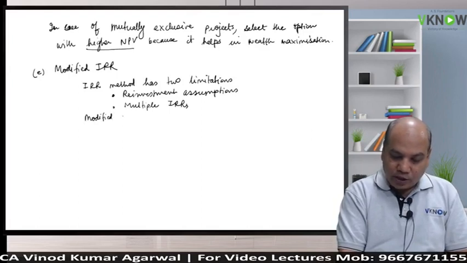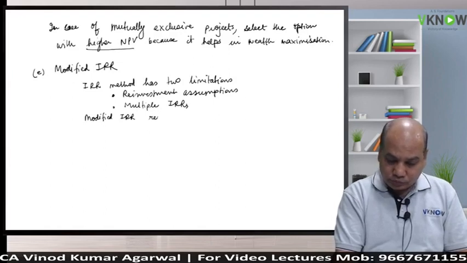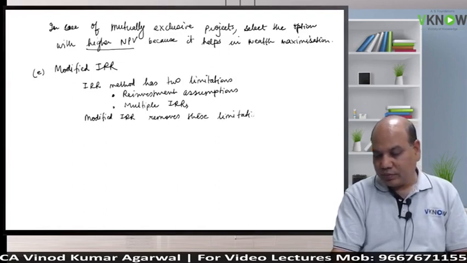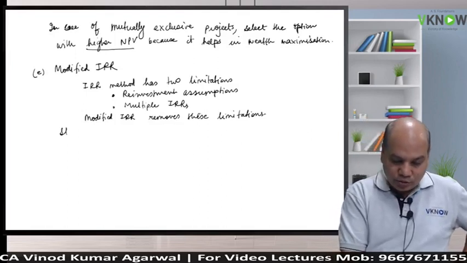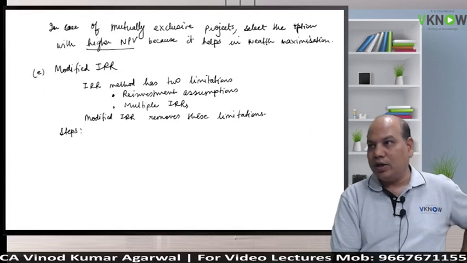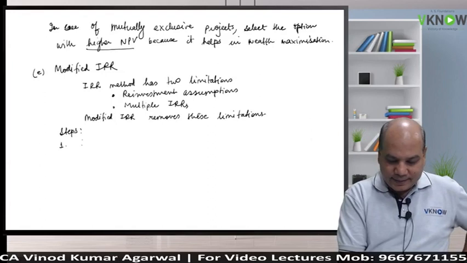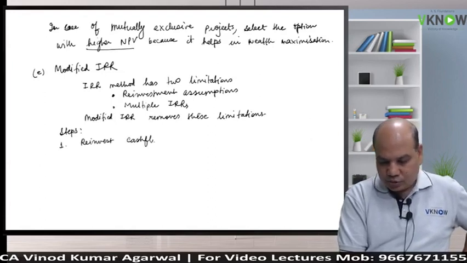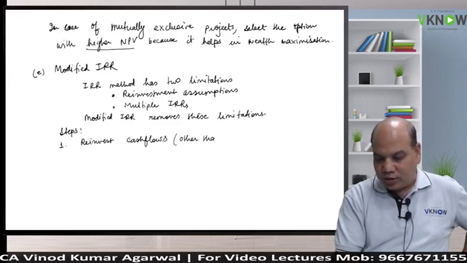So the purpose of calculating modified IRR is to remove these limitations. Okay. Modified IRR removes these limitations. So what do we do in modified IRR? Steps: 1, reinvest cash flows other than the initial investment.